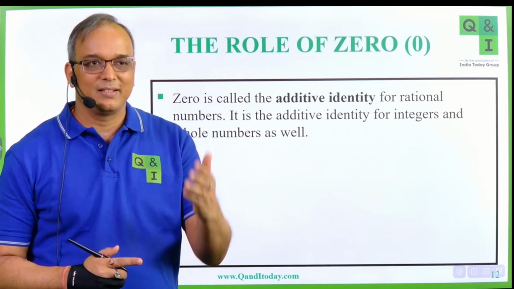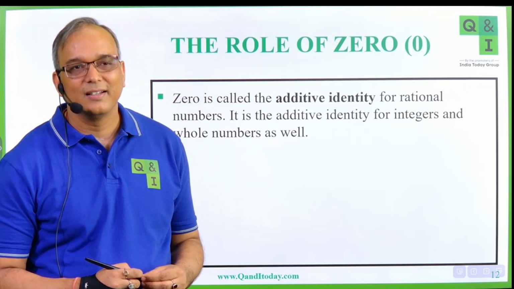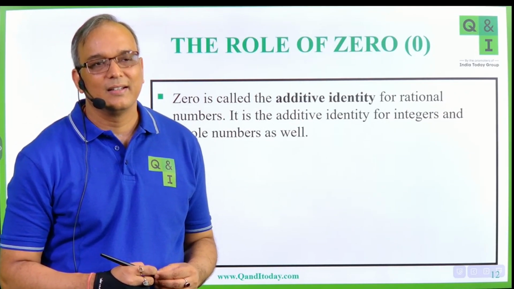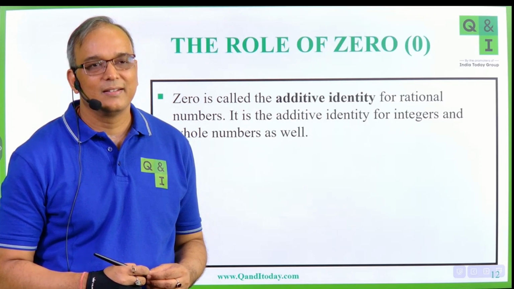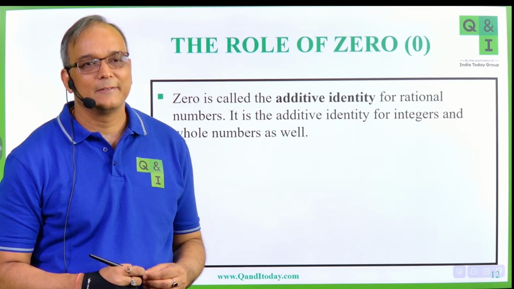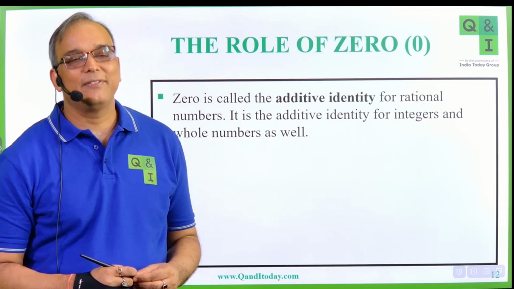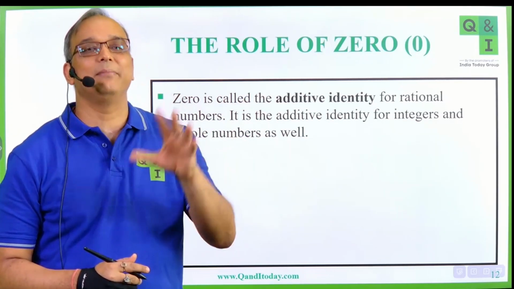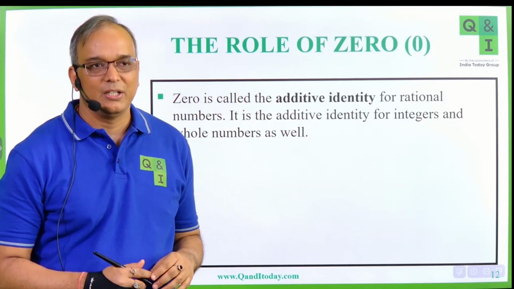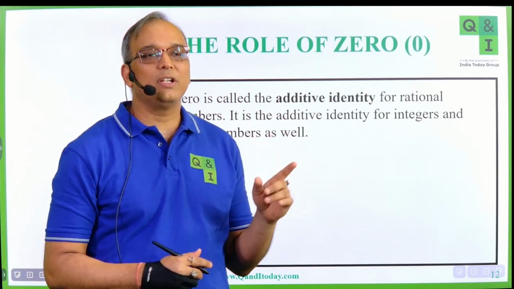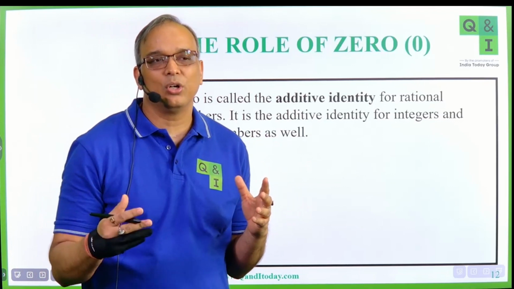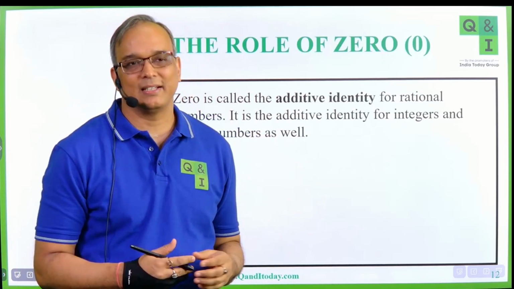The additive identity is 0, because any number added to 0 will give that same number. So additive identities are those numbers which, when added to a number, give the same number back to you. Here, 0 is the additive identity for rational numbers, because if you add 0 to any rational number, you will get back the same rational number.